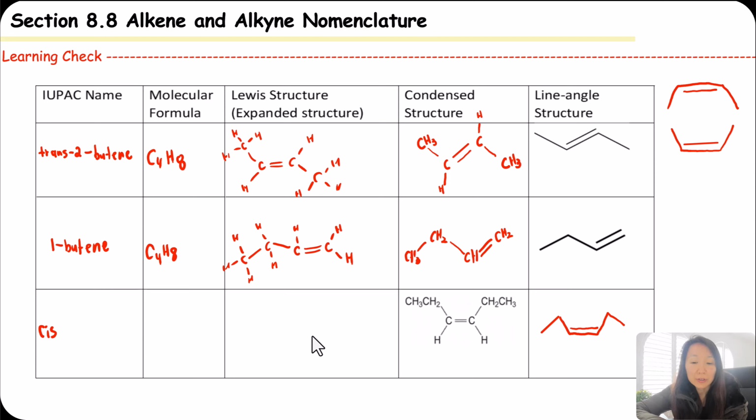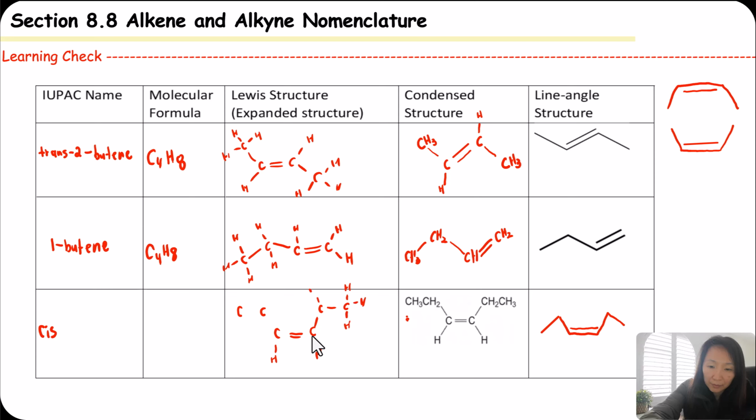What about the Lewis structure? Just going to expand it out. So that's my Lewis structure, and the molecular formula.